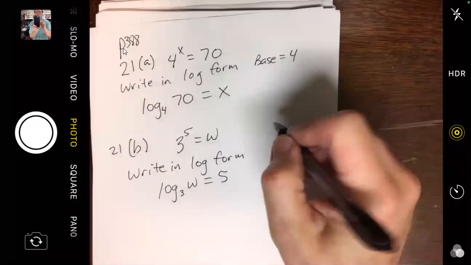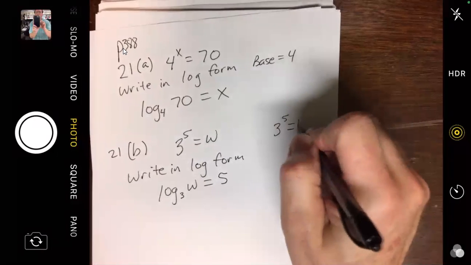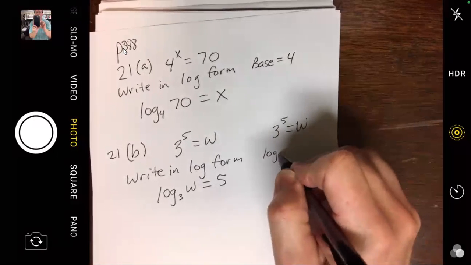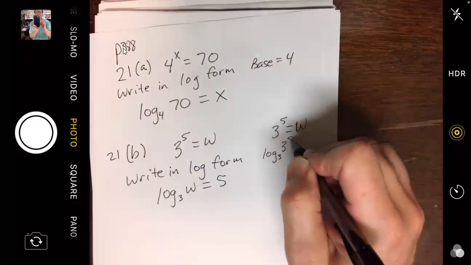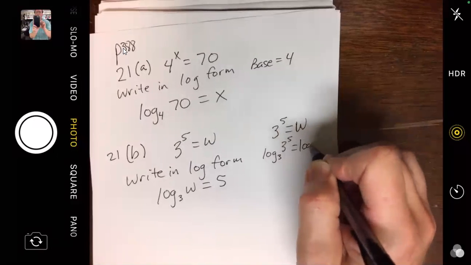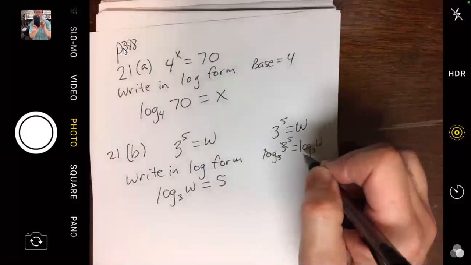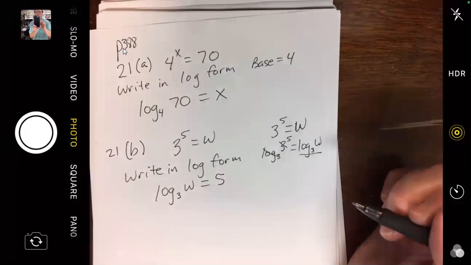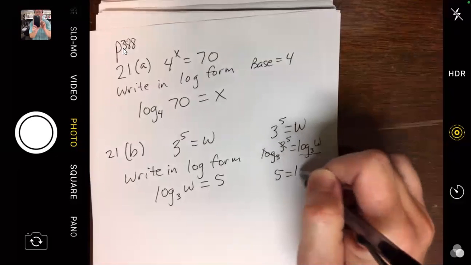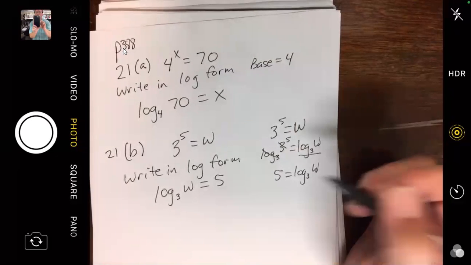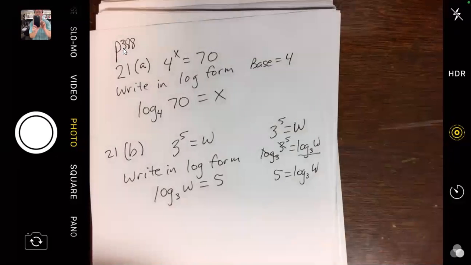If you want to see the steps, 3 to the 5th equals w, you'd wind up taking log base 3 of 3 to the 5th equals log base 3 of w. These undo, leaving 5, log base 3 of w equals 5. After you get the system down, you don't have to write out all the steps.